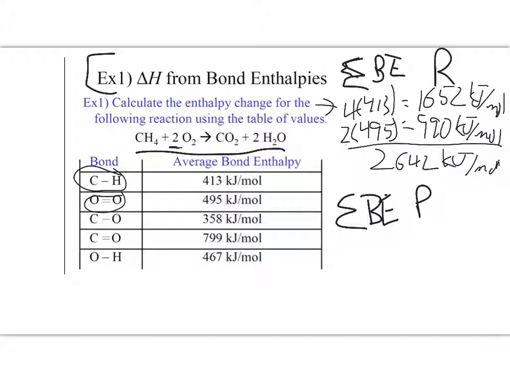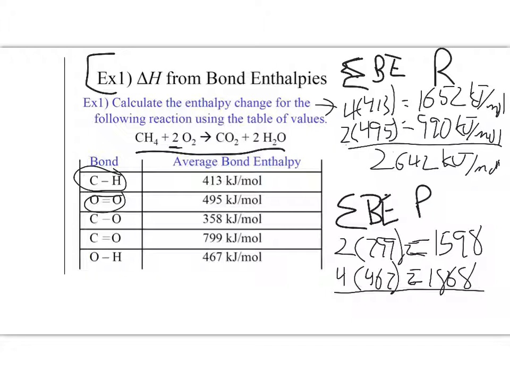Cool. Now we got to do the same thing with our products. So here I'd put our calculations for the products on here. We have 2 carbon-oxygen double bonds. Think back to when we did Lewis structures, right? What would that CO2 molecule look like? Well, it has 2 double bonds between the carbon and the 2 oxygen molecules. It gives us 1,598 kilojoules.